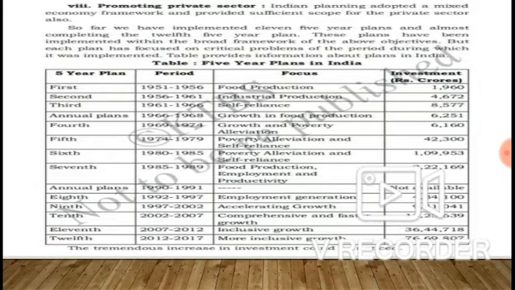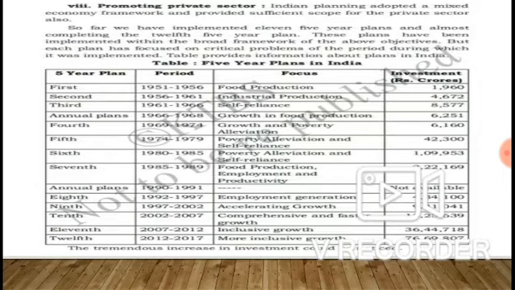Then again comes the annual plan, in 1990 to 91. It's one year only. Annual plans always come for one or two years. The 8th five-year plan in India starts from 1992 to 1997, and we focused on employment generation.